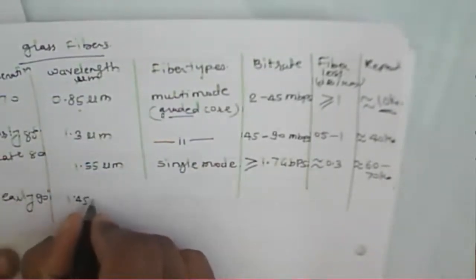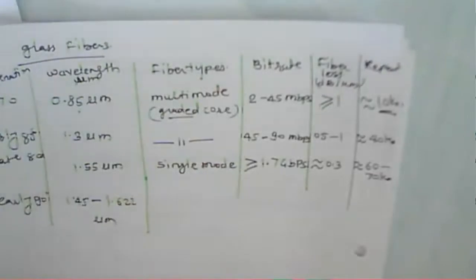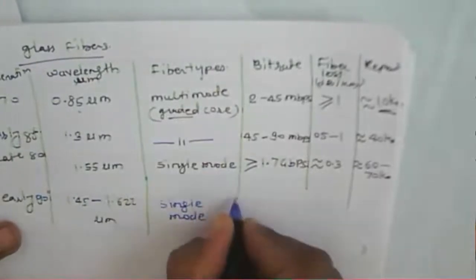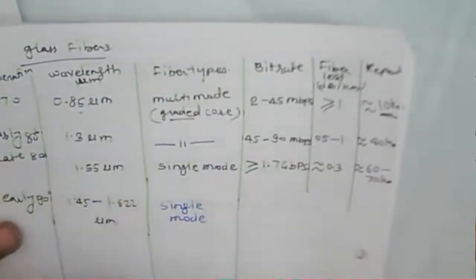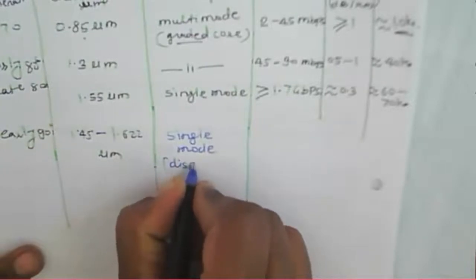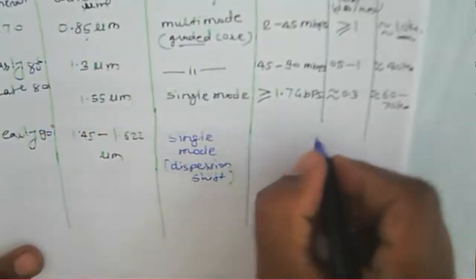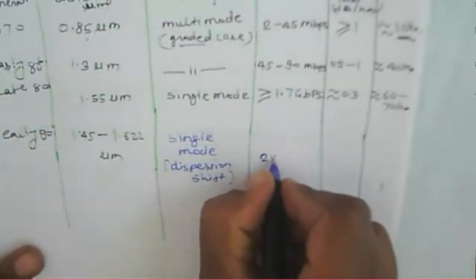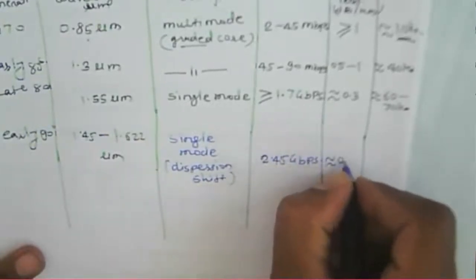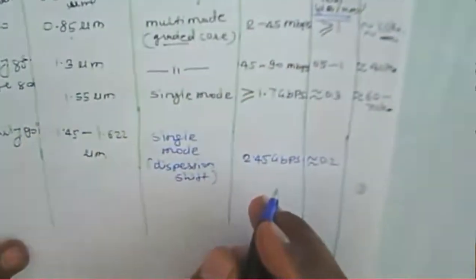Then in the early 90s, people used a wavelength of 1.45 to 1.622 micrometer, and the fiber is a single mode, dispersion shifted fiber. The bandwidth changes to 2.45 Gbps, and the loss is again reduced to 0.2 dB per kilometer.